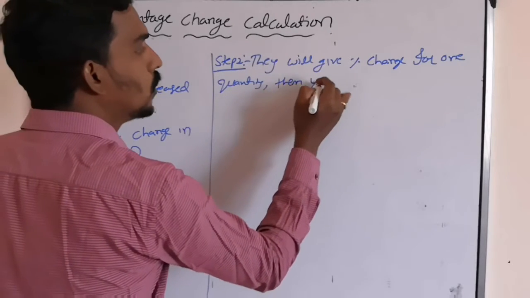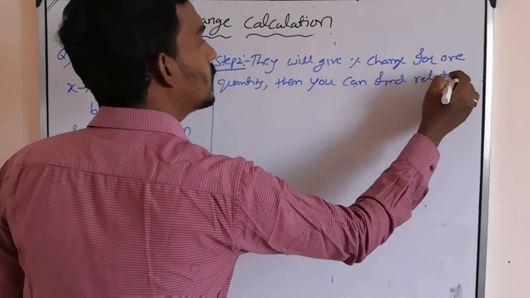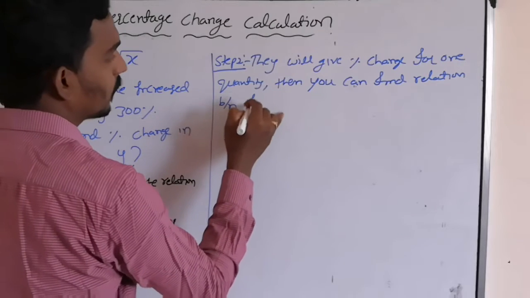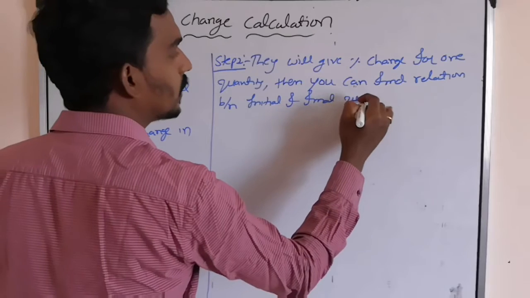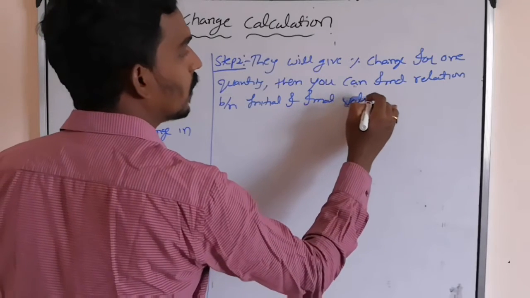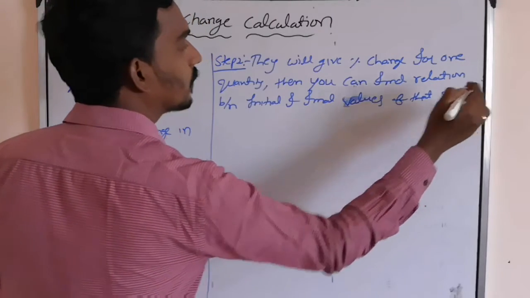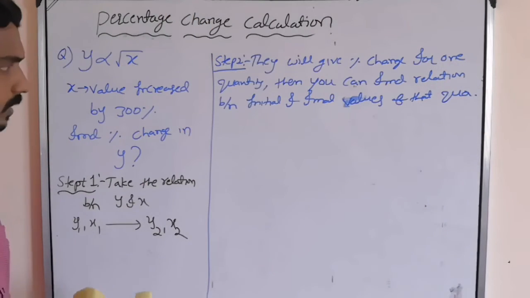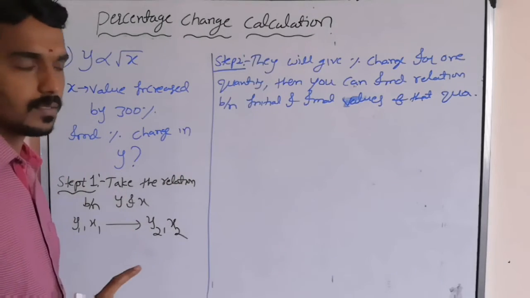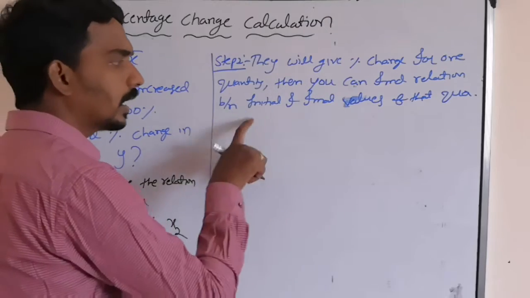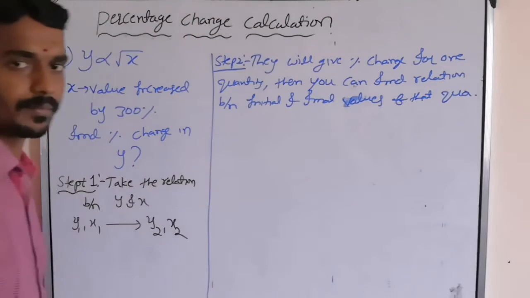Then you can find the relation between the initial and final values of that quantity. What I am telling is, they will give a percentage change for one quantity, so that you can find a relation between the initial and final values of that quantity.